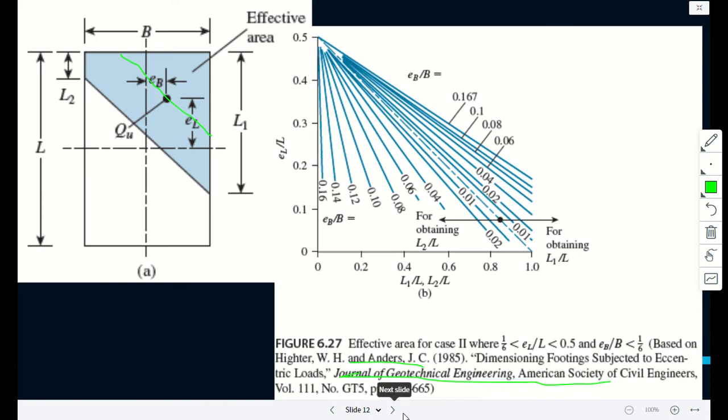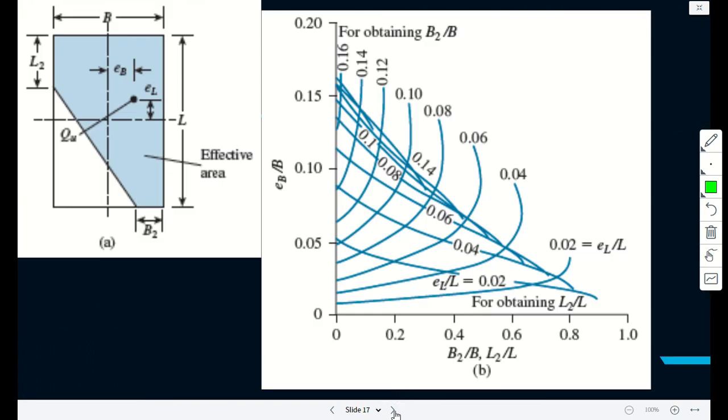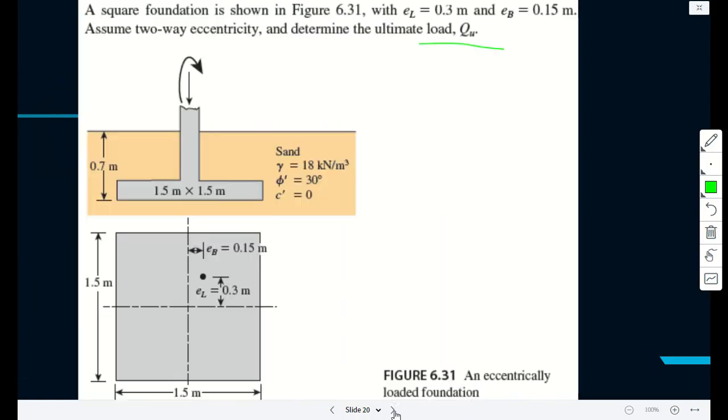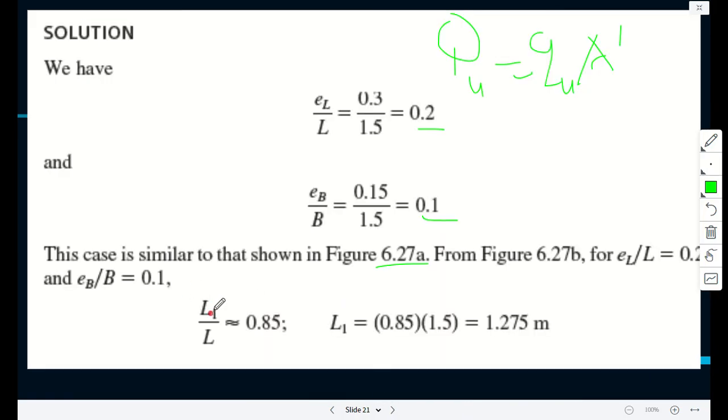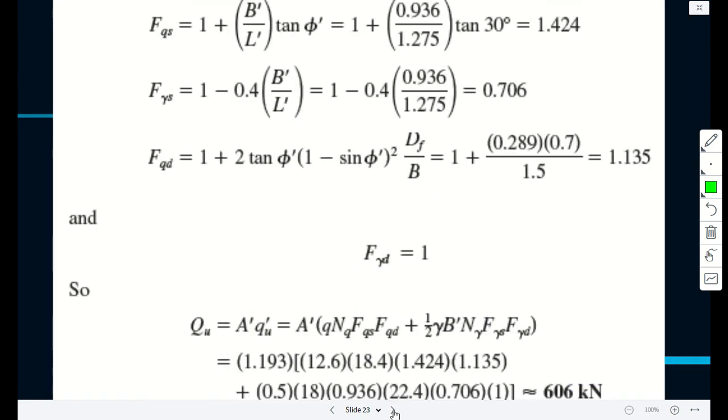Let's see. Just to show you how to read one figure. E over L is 0.2 and E over B is 0.1. So let's see.